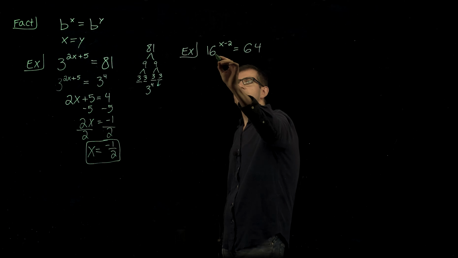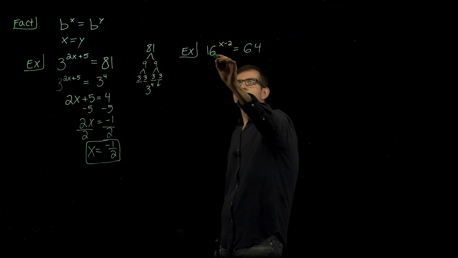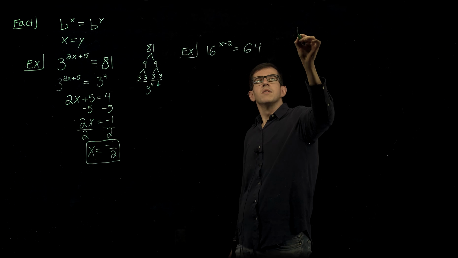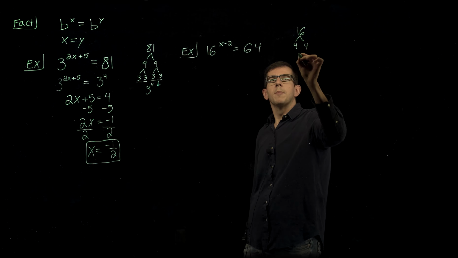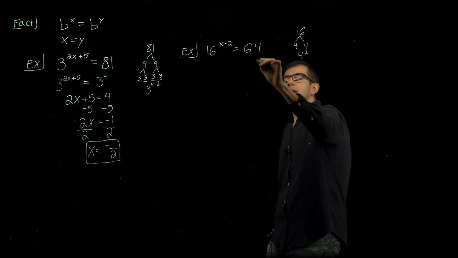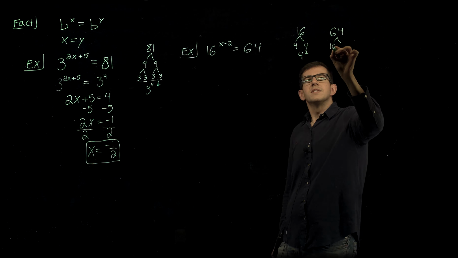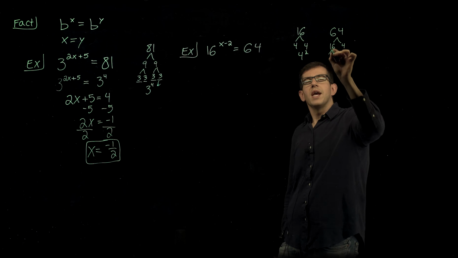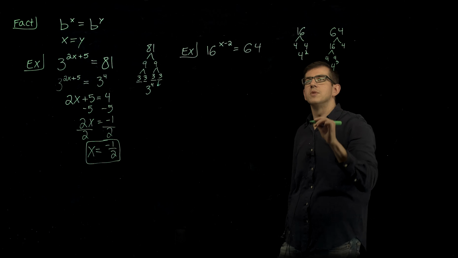Okay, so going through this, we can rewrite this with a base of 4, as 16 is the same thing as 4 times 4, or 4 squared, and 64 is the same thing as 16 times 4, and again 16 breaks down into 4 times 4, giving us 4 cubed.